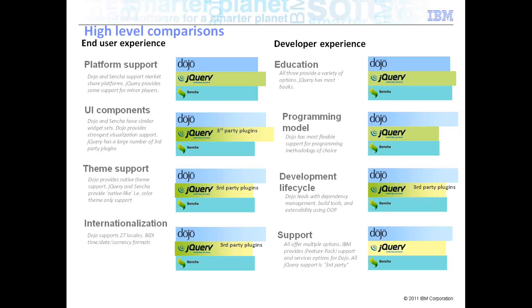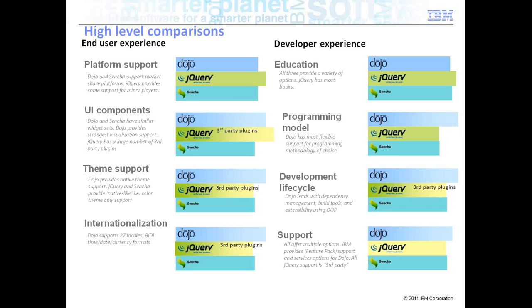Theme is basically the thematic representation of my page, and Dojo leads the pack with native theme support, while the other two have just the color theme. So Dojo gives me a native look and feel.